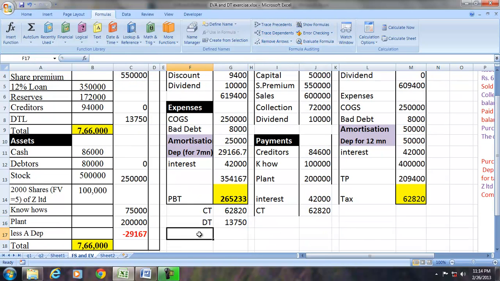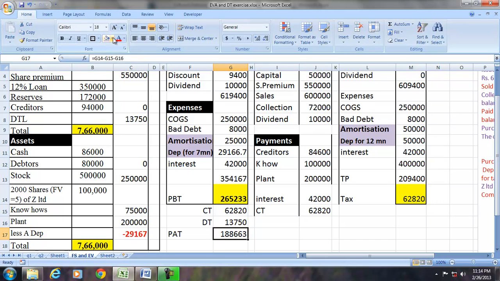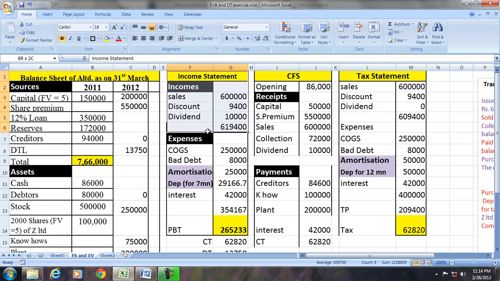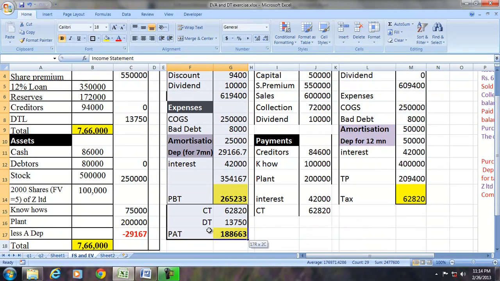So once we have the CT and DT, we can find the profit after tax. So profit after tax in this case is 188,663.